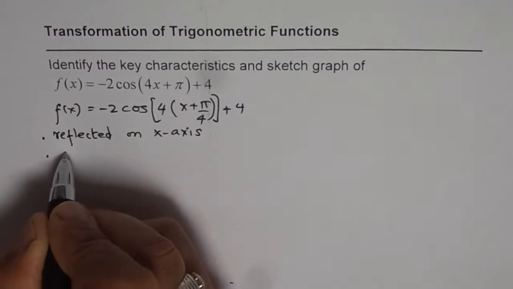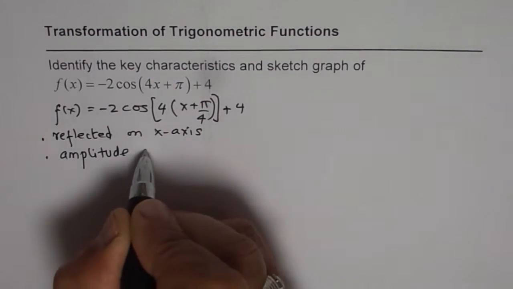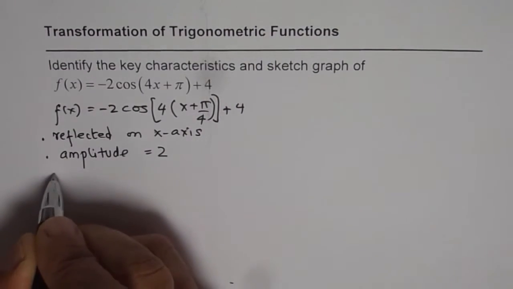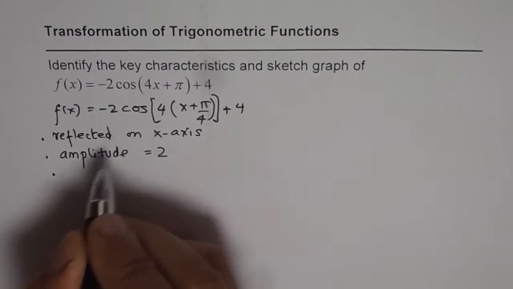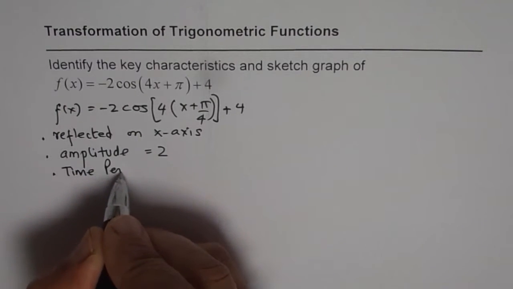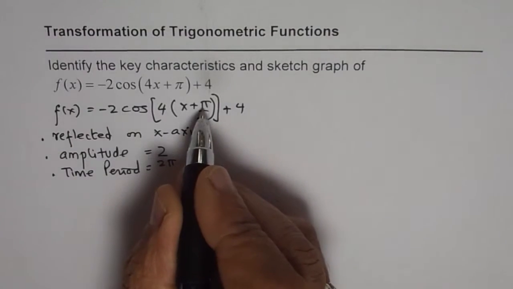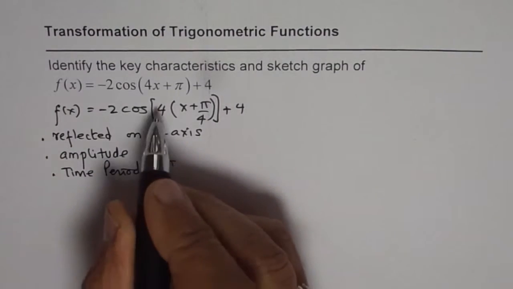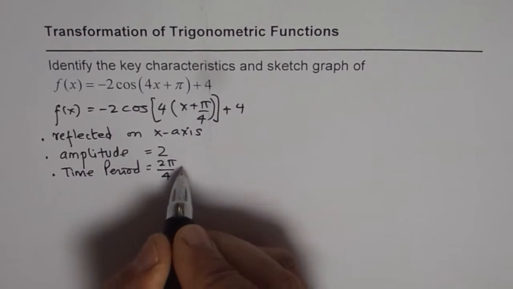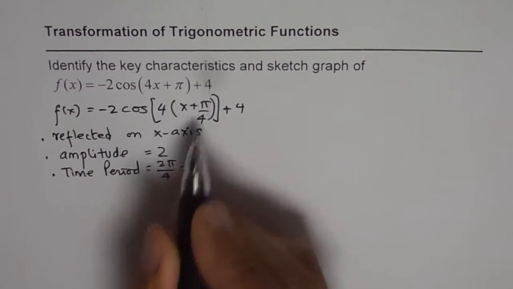Second, we can say amplitude is 2, right? And we say k is 4. So k is 4, that means time period equals 2 pi by k, because we are talking about radians, which is 4. So time period is pi by 2 for the function.